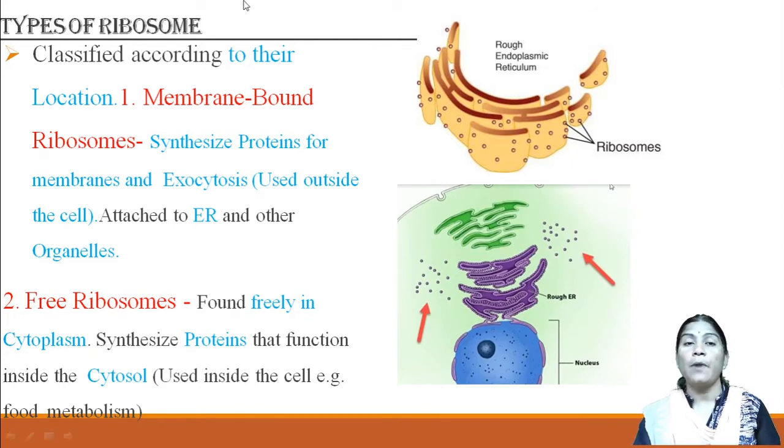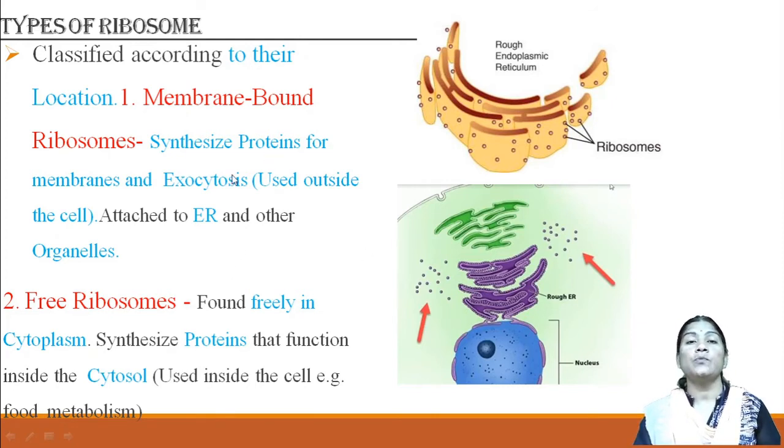Membrane bound ribosomes means those ribosomes which are attached to the rough endoplasmic reticulum or another organelle, and free ribosomes means those which are available freely in the cytoplasm.